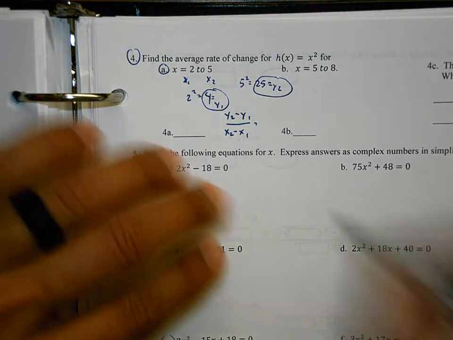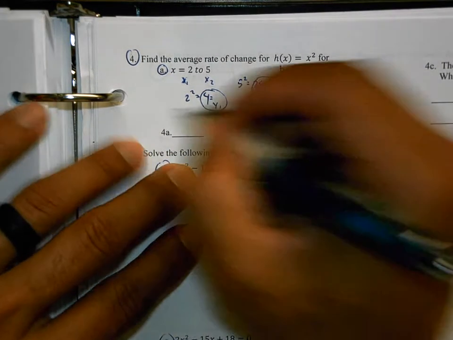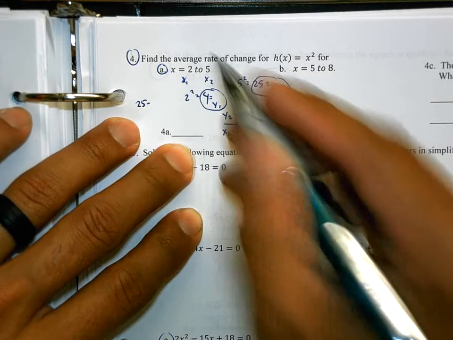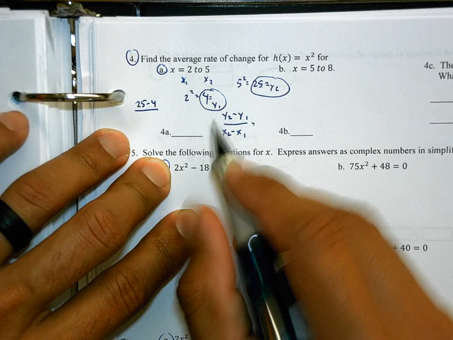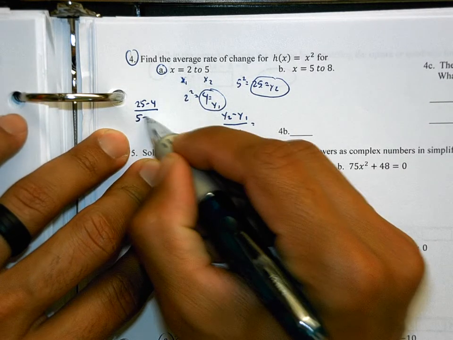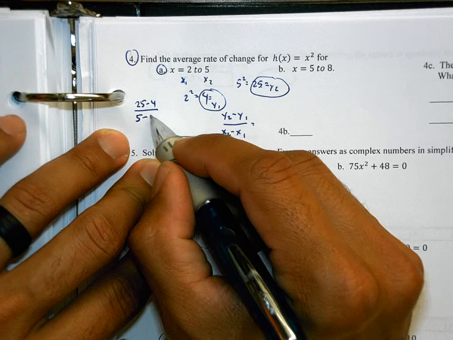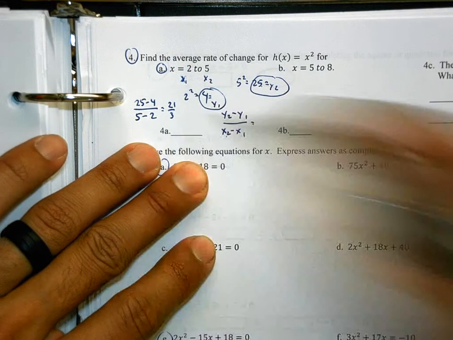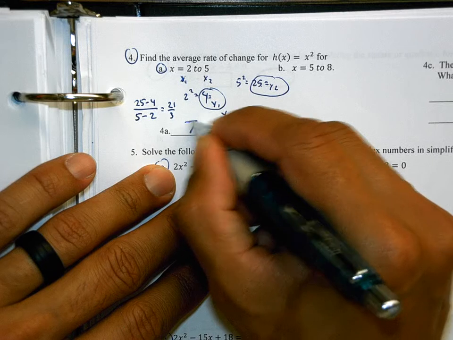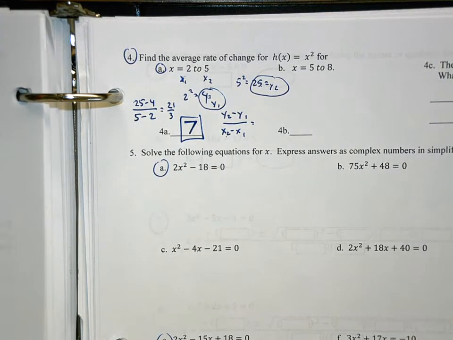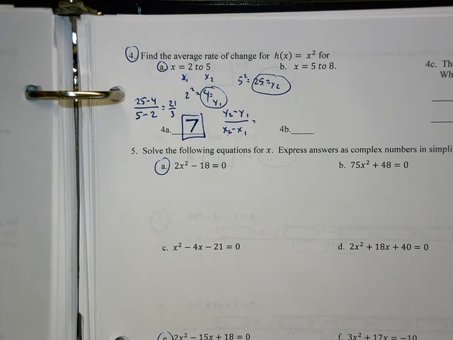I'm going to take 25 and subtract the y1 value, 4, and divide by x2 minus x1. So I get 21 over 3, which means that the average rate of change is going to be 7 units.